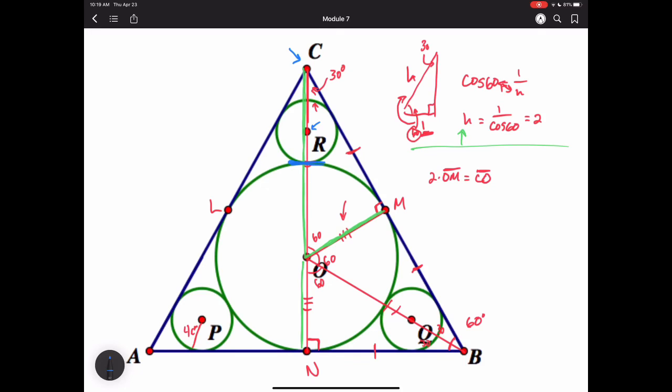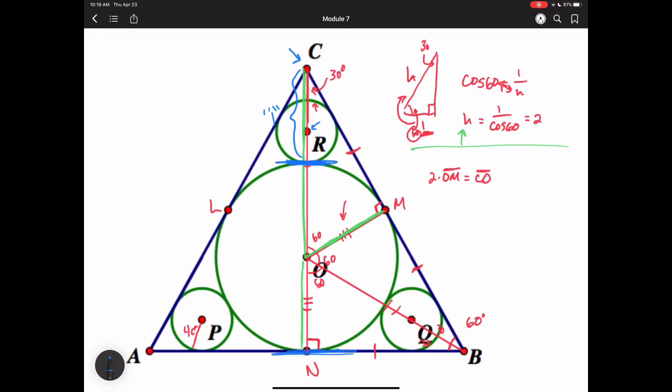And guess what? From this point right here, that line that we drew in down to N, that is a multiplication of 3, because if this is our 1, which it's not actually 1, right? We know that the radius of circle R is 4, so we're just using an arbitrary one.